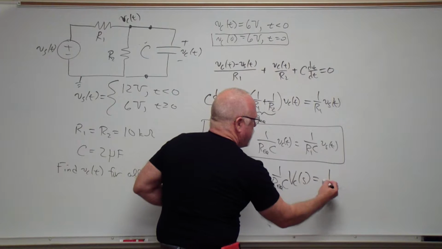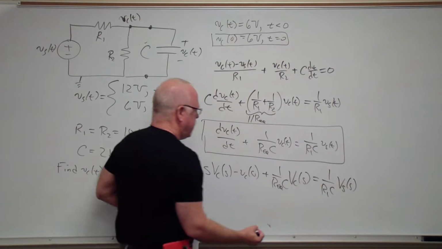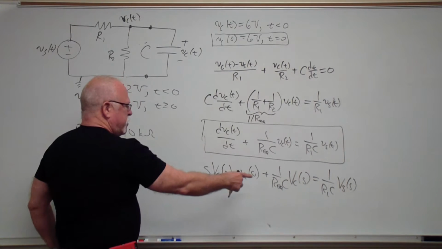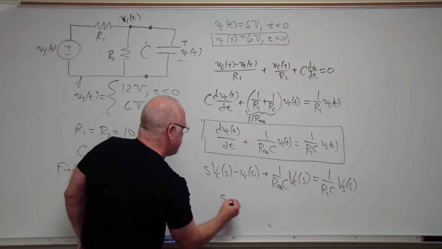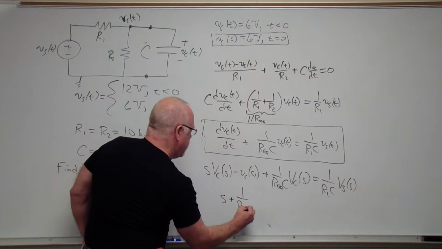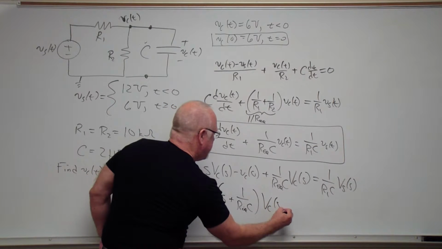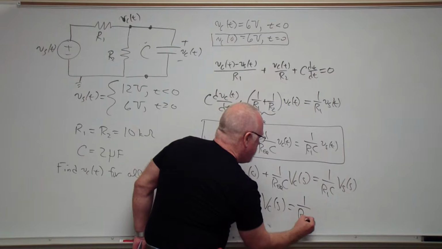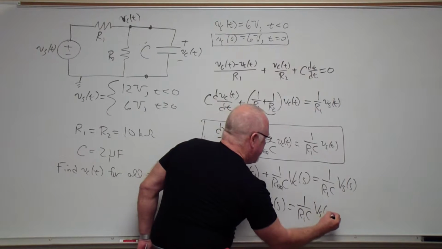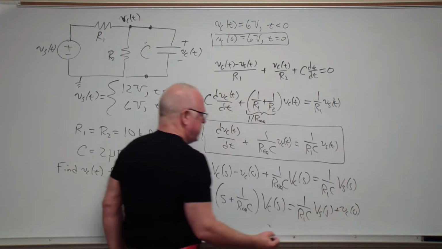And that's got to equal 1 over R1 C times the transform of Vs. Again, we combine coefficients of Vc, so we have s plus 1 over Req C, all times Vc of s. Then we take everything else to the other side. We keep our 1 over R1 C, Vs of s, and then we bring Vc of 0 over.